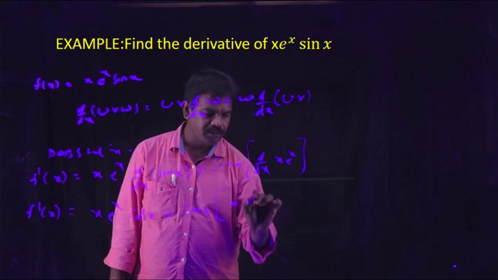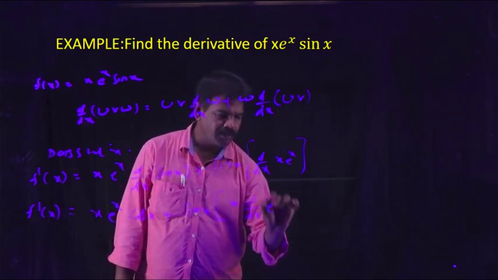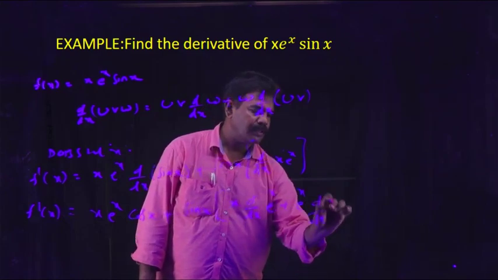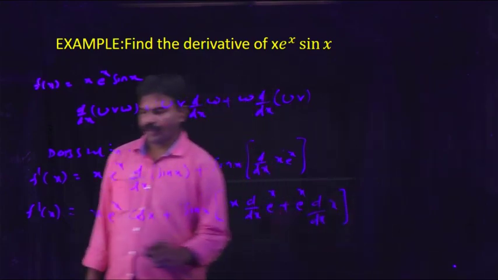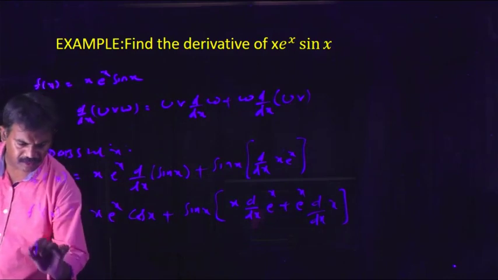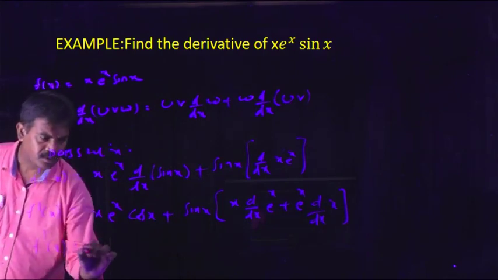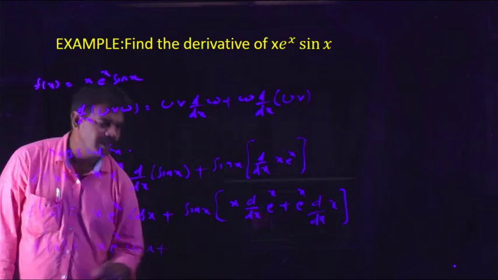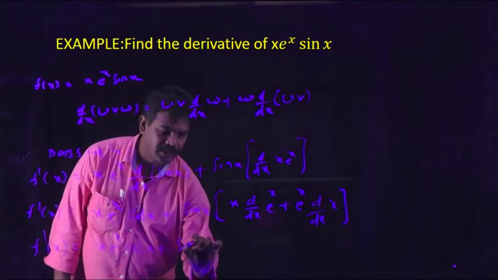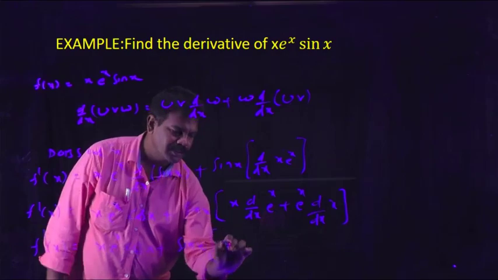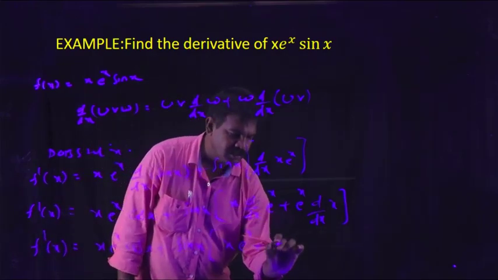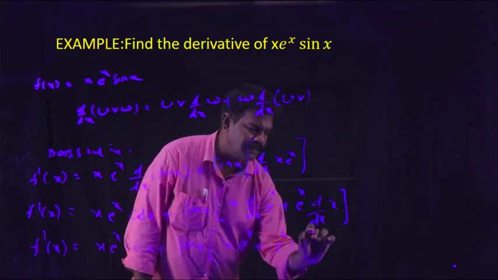It is x into d by dx of e power x plus e power x into d by dx of x. f'(x) is equal to x into e power x into cos x plus sin x into derivative of e power x is e power x plus e power x into derivative of x is 1.